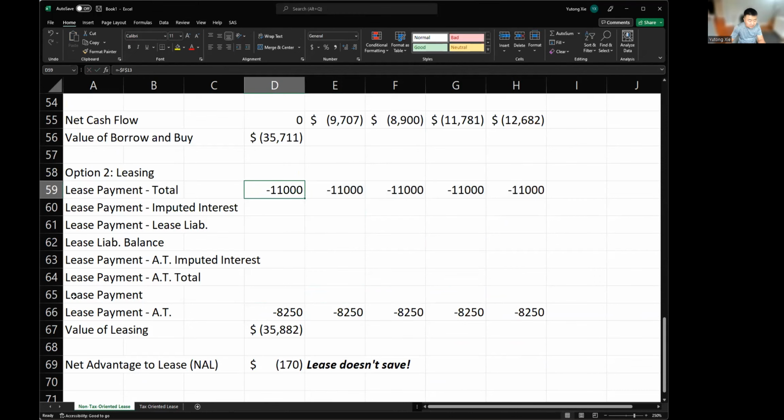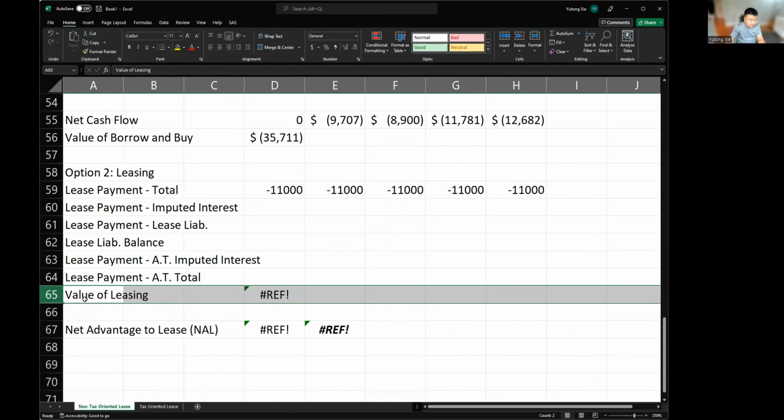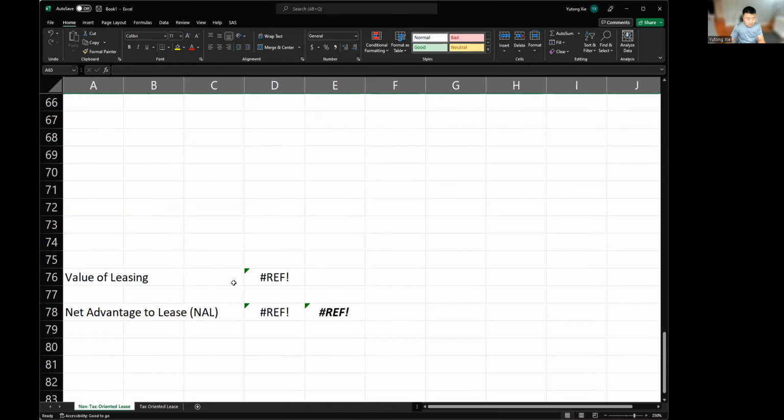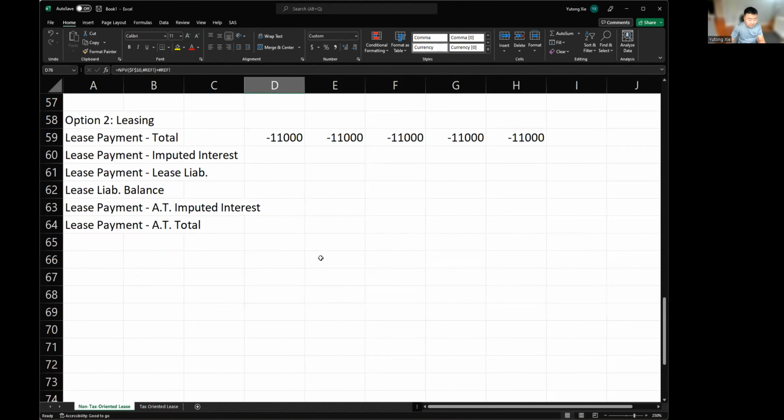Okay, so lease payment. I don't need this. And this. We had these. So the value of leasing, because we deleted the important row, will be giving us a reference error. But don't worry, when we fill everything up, we're going to have it. So I cannot call it imputed interest. I'll call it imputed INT.